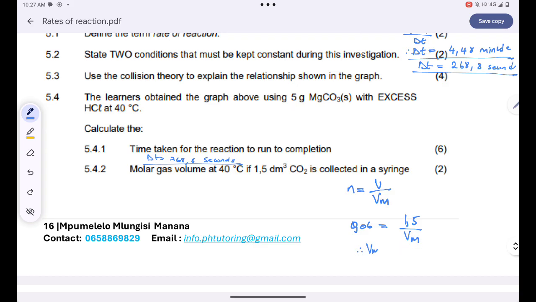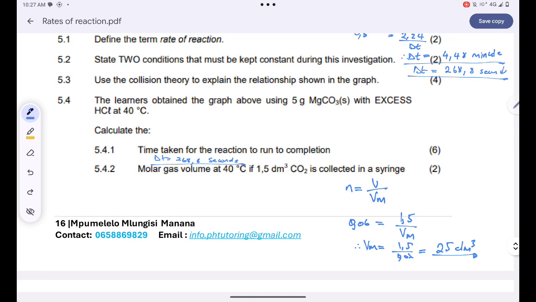So therefore the molar volume of a gas is 1.5 divided by 0.06. So this will basically give me 25 cubic decimeters. That's the molar gas volume.